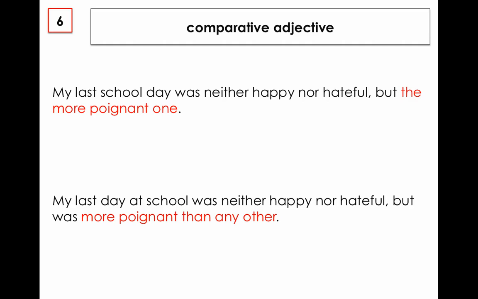We say poignant, more poignant, and then the superlative is the most poignant, as opposed to tall, taller for the comparative, and then tallest for what's called the superlative. In any case, what I've done here in the second sentence is stick to the basic way of forming a comparative phrase. More poignant than any other.